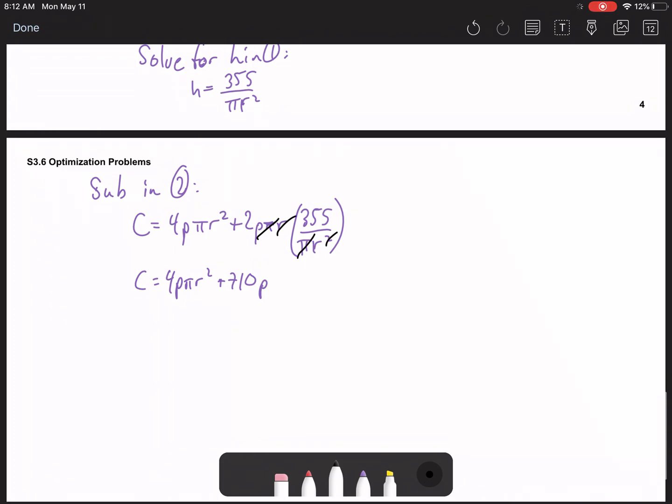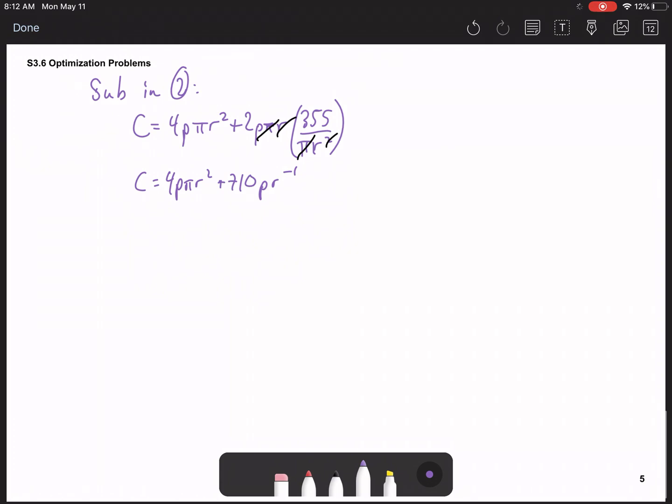One of the r's cancels with one of the r's, so this is r to the negative 1. This will help me find my derivative easier. Okay, so the derivative of this to find the minimum is 8p pi r minus 710 p r to the negative 2. Set this equal to 0 and solve.